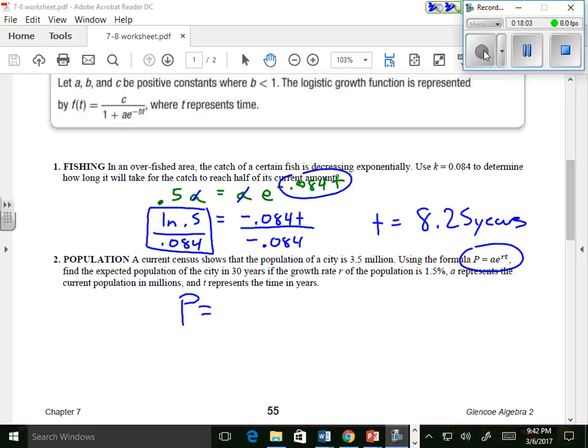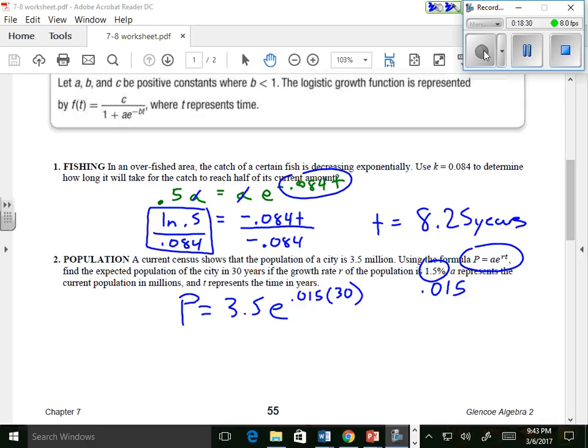Currently it's 3.5 million. Following that formula, it would be e to the rate would be 1.5%, which would be 0.015. So that's going to be our exponent, 0.015, and then times 30 years, and we're trying to figure out what the population will be.